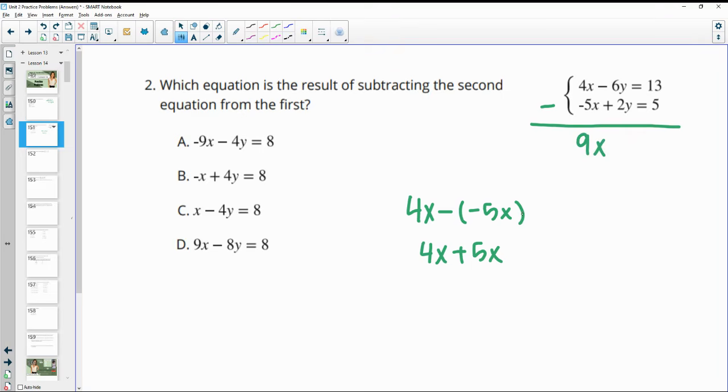And then negative 6y minus 2y. So negative 6 minus 2 is negative 8. And then 13 minus 5 is 8. So then we get 9x minus 8y equals 8, and we see that in choice D.